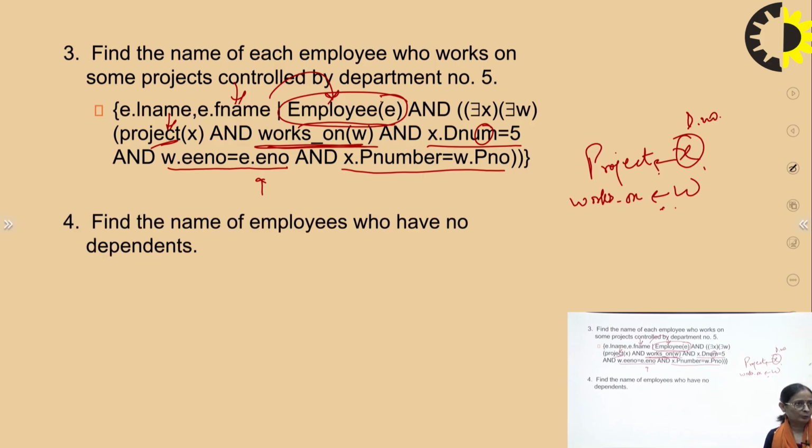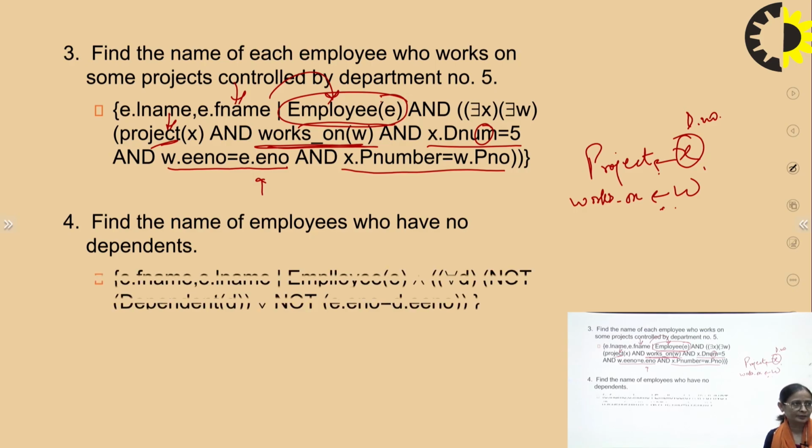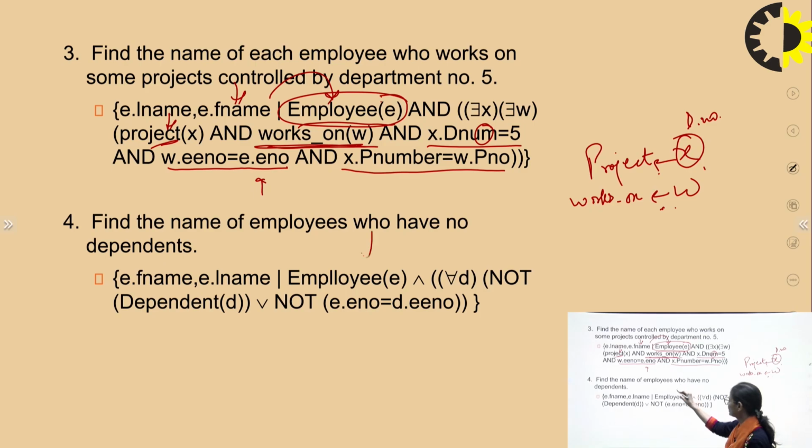Find the name of employees who have no dependents, and for this I have the relation dependent. So here I need the name of employees. Again, this becomes my range here. This is the symbol for and. In certain books you will get such notation also.